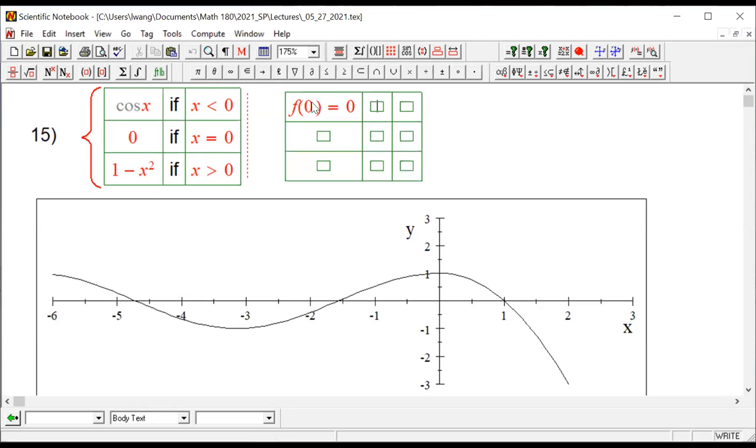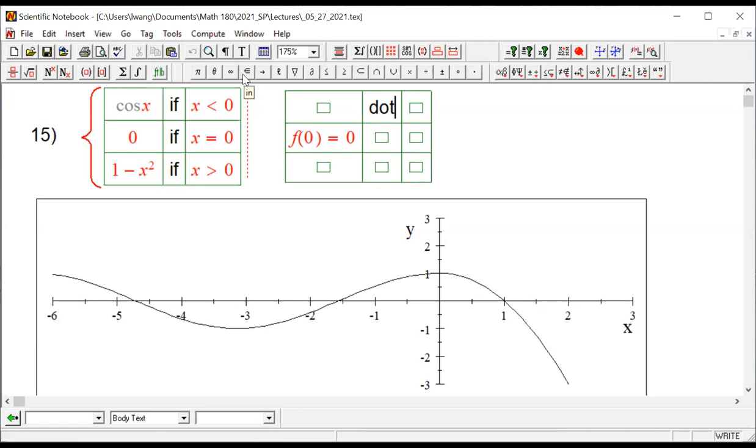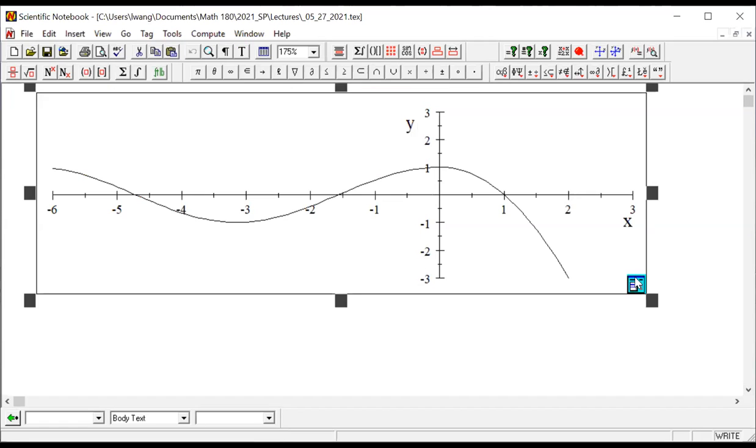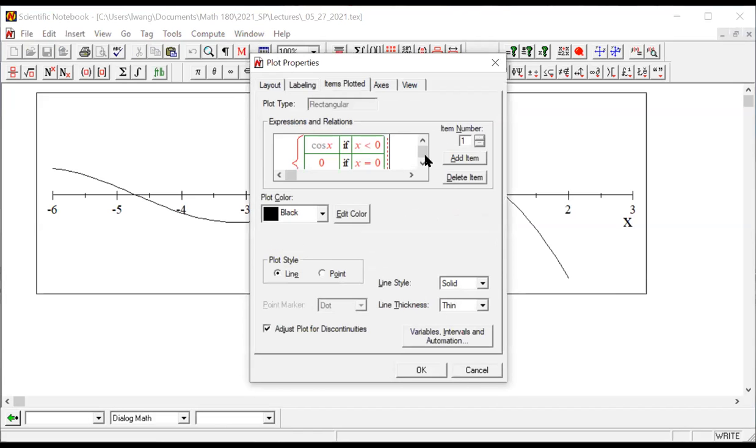I'm going to put the dot over here. The dot is going to be (0, 0). And we're also having circles. So let's first put the dots there.